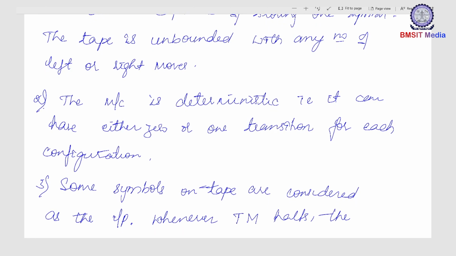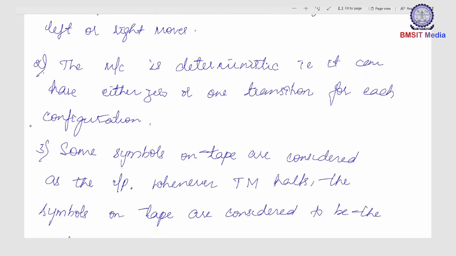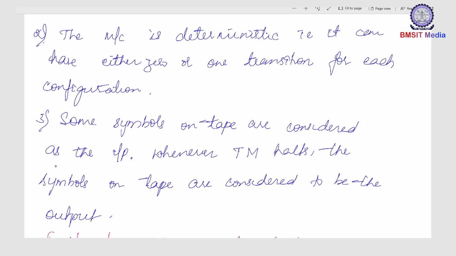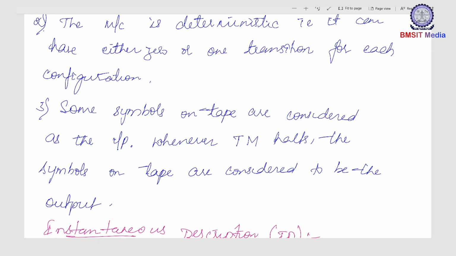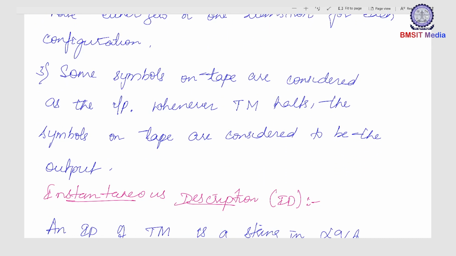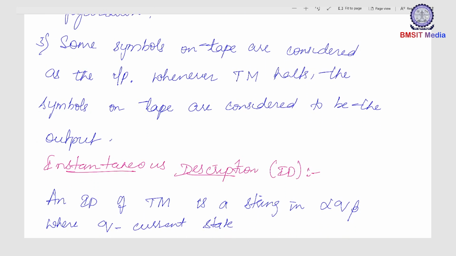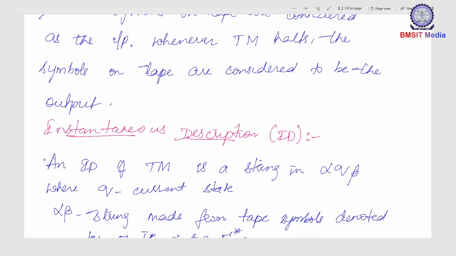It means the read-write head can move either to the left or to the right, one character at a time, or it can read one symbol at a time, but it can either move left or right. The machine is deterministic and it can have either 0 or 1 transition for each configuration. Some symbols on the tape are considered as the input. Whenever the TM halts, the symbols on the tape are considered to be the output.